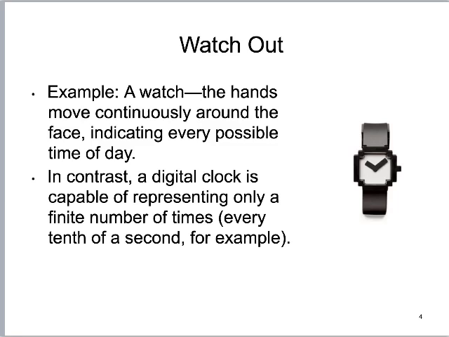If you have an old school watch where the second hand's continuously moving, that would be an analog way of thinking. It's showing not only every single second, it's showing everything that could be between all of those seconds. Versus a digital watch like this one, it only shows that it is 8:33:07, 8:33:08. So it's broken down into these discrete units of time.